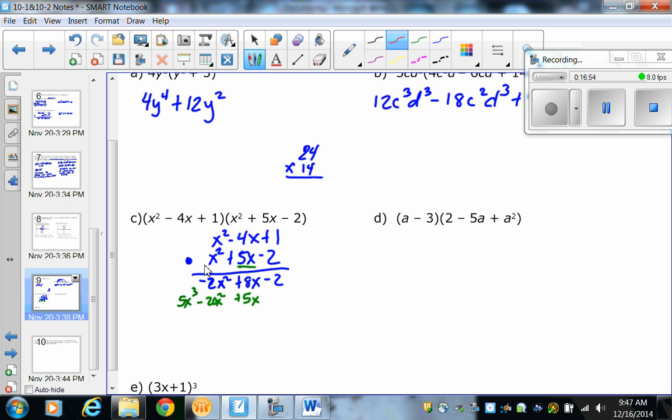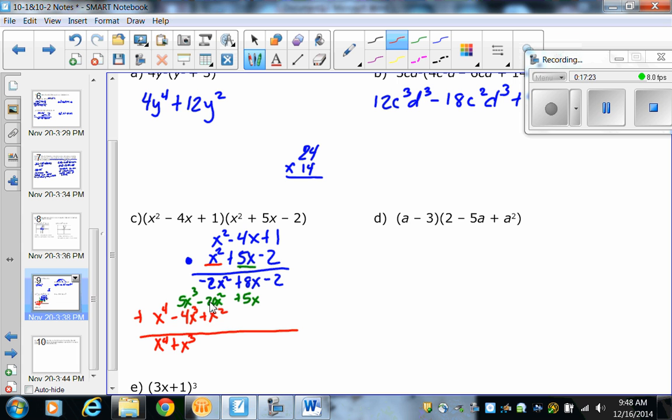And then we're going to do our x squared. So x squared times 1 is x squared. X squared times negative 4x is negative 4x to the third. And x squared times x squared is x to the fourth. And then we're going to add all this up. So we have x to the fourth. 5 minus 4 is going to give me positive 1x to the third.